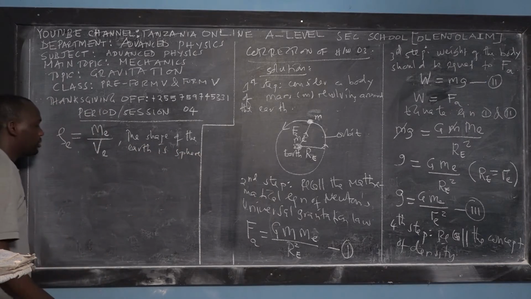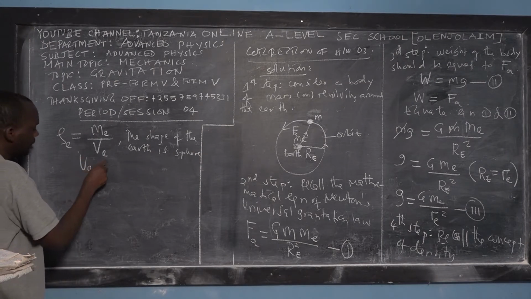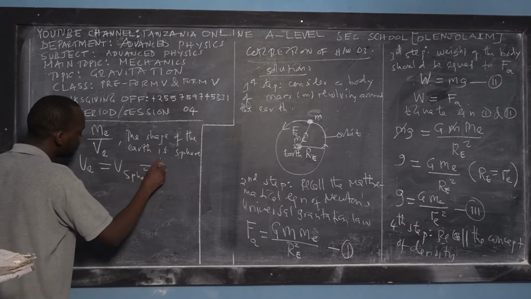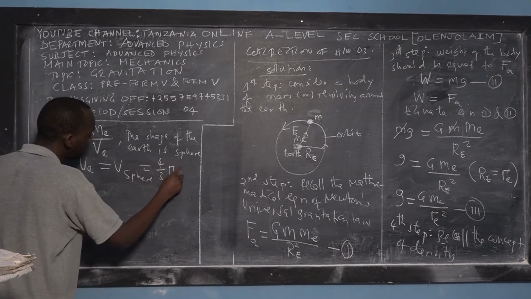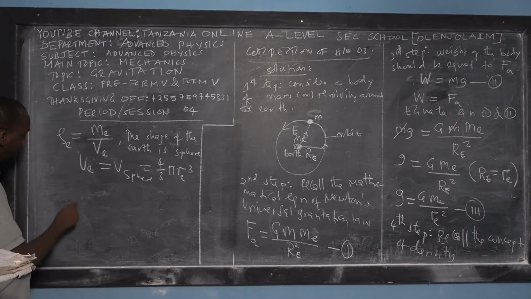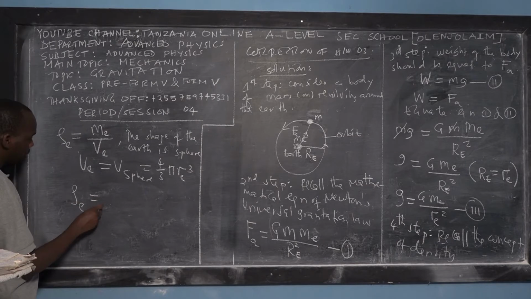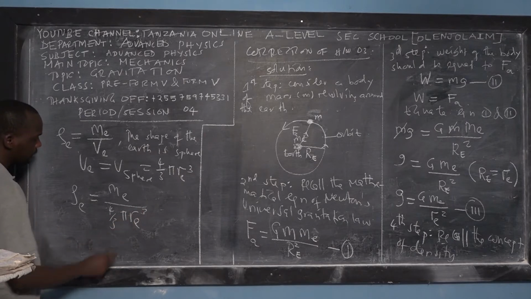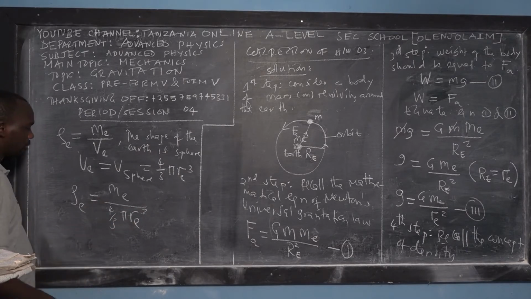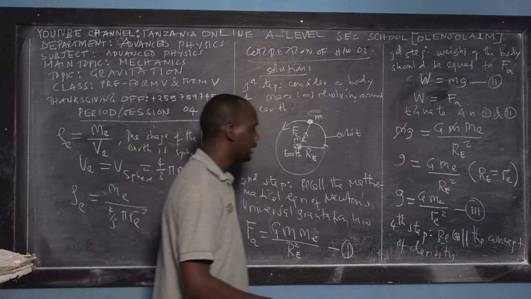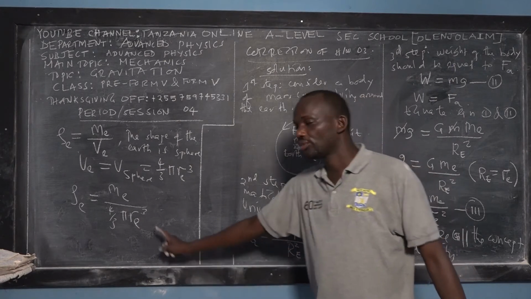So because its shape is a sphere, the volume of the sphere is equal to 4 over 3 pi r of the S cubed. Therefore, density of the S is equal to the mass of the S over 4 over 3 pi r of the S cubed. So this is equation 3 and equation 4, and there is a relationship between equation 3 and equation 4.